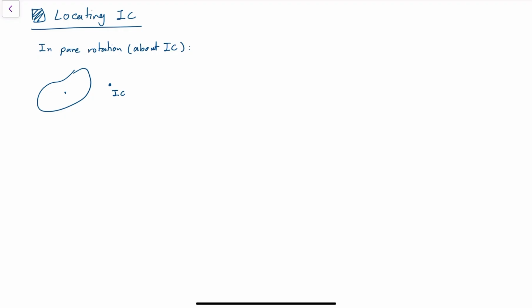The concepts that we will use to locate IC are based on the fact that when you have a body undergoing general motion, the body at this instant appears to be rotating about the instantaneous center. So when you have pure rotation, a couple of things happen.